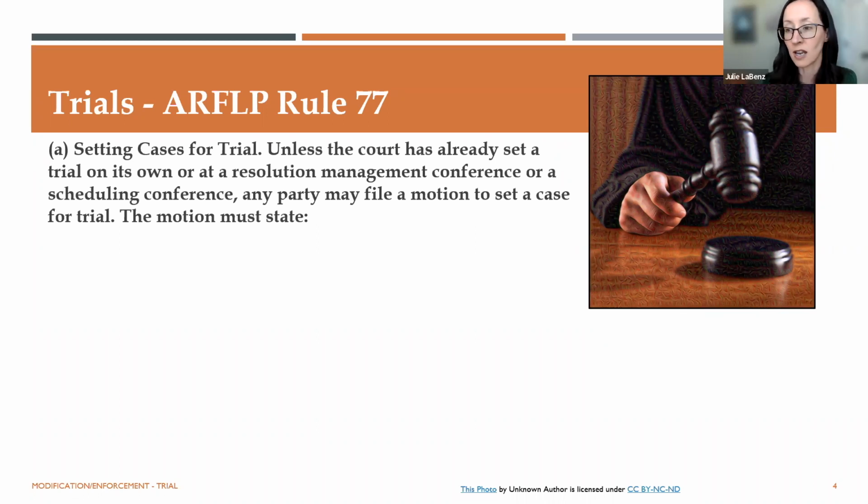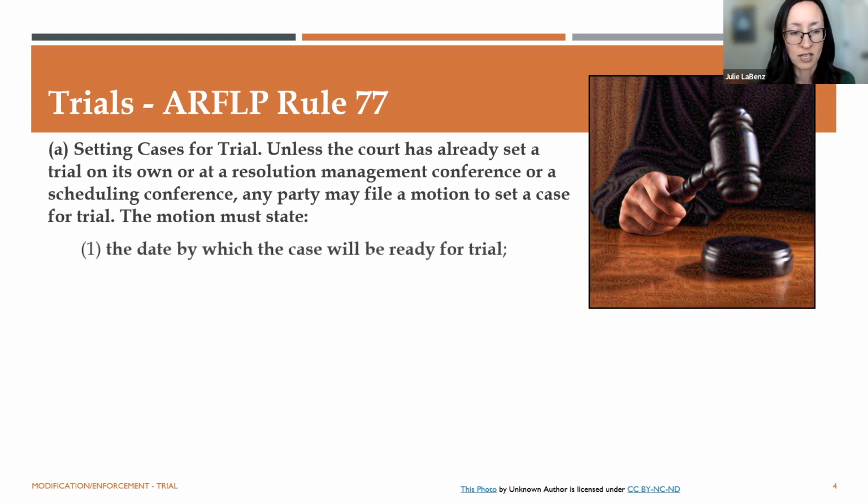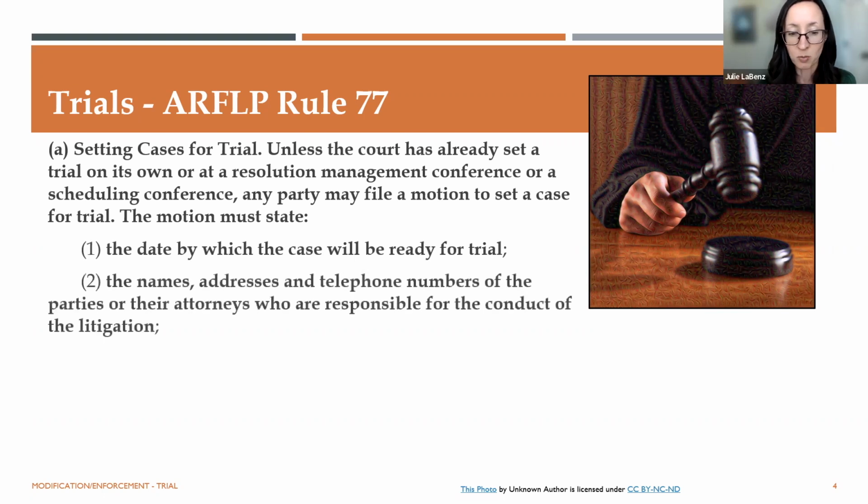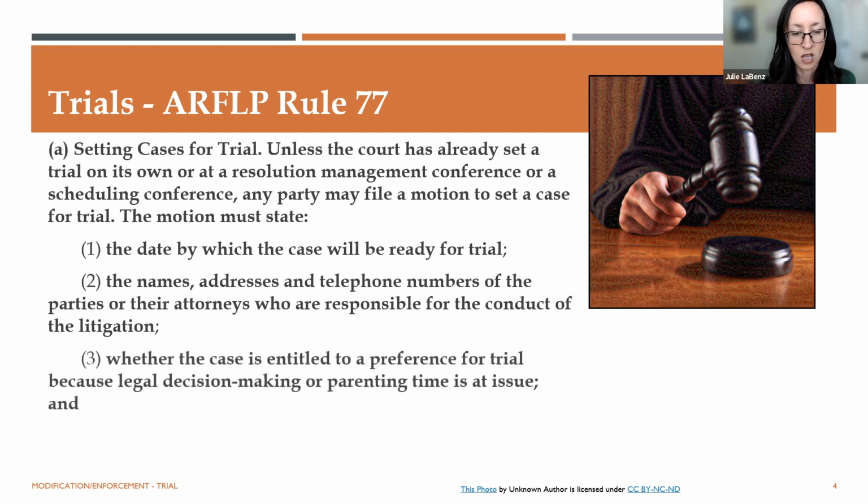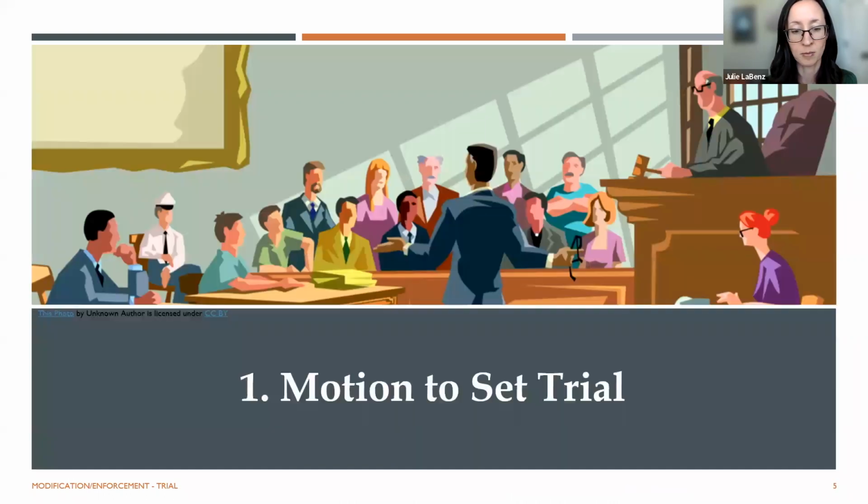But if it doesn't happen at the resolution management conference, or the court hasn't issued an order setting a trial and you want a trial set, then you can file a motion, and the motion must state the date by which you're going to be ready to go to trial, the names of the parties and their contact information or any attorneys that are involved, whether the case is entitled to preference for trial because legal decision-making or parenting time is at issue, and the estimated time that you want the court to set for the trial.